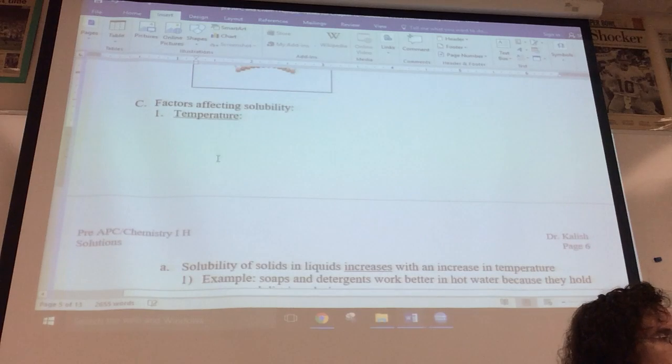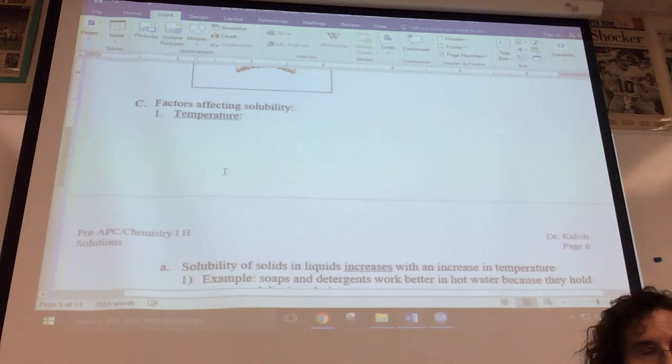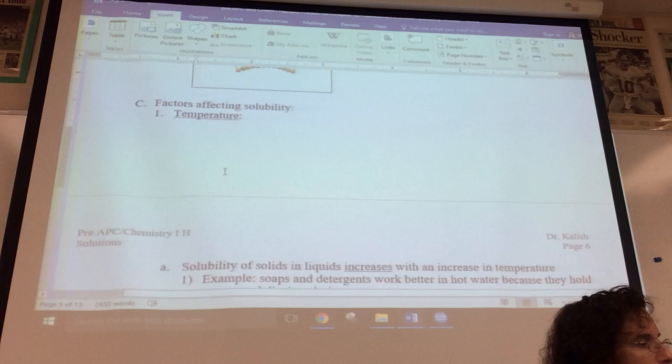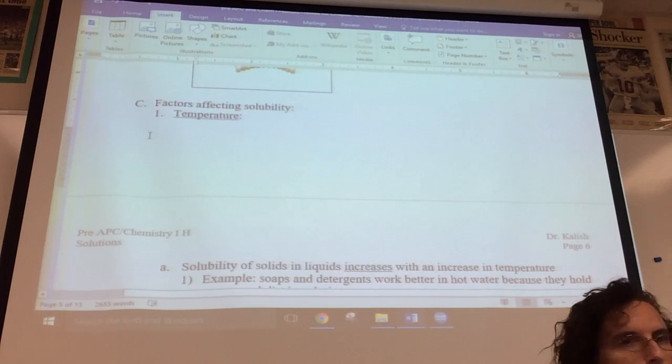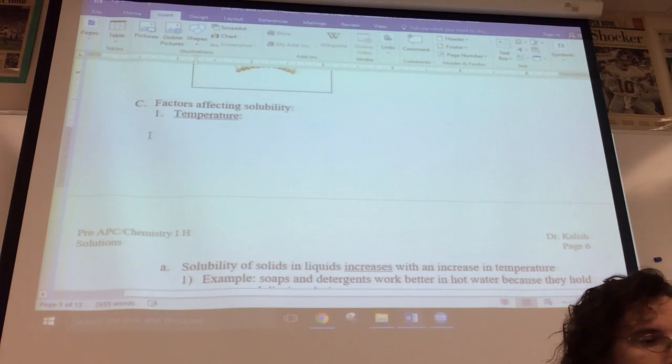We want to look at the factors that affect solubility. There are two factors we're going to look at, temperature and pressure. And to simplify it before we get into the complex graphical analysis, I'm going to show you a solubility curve.